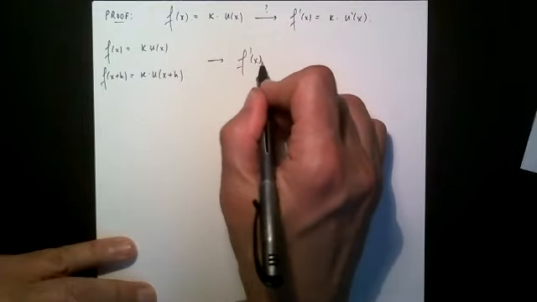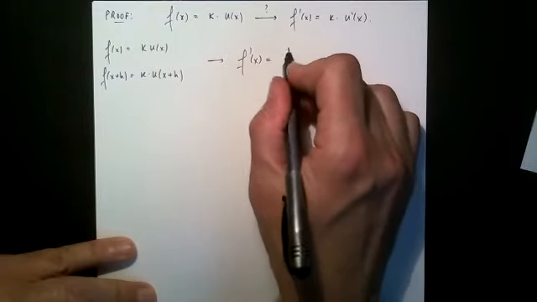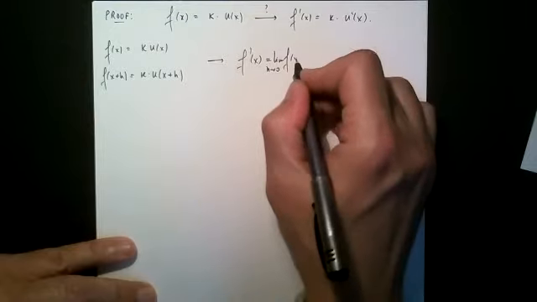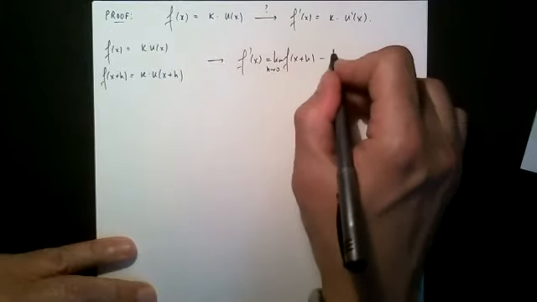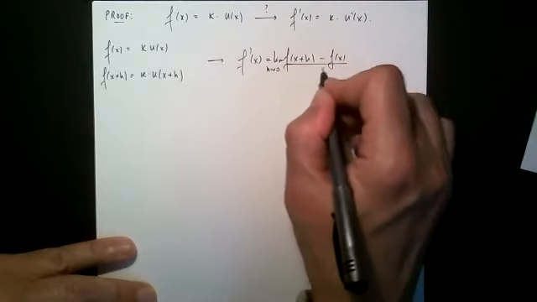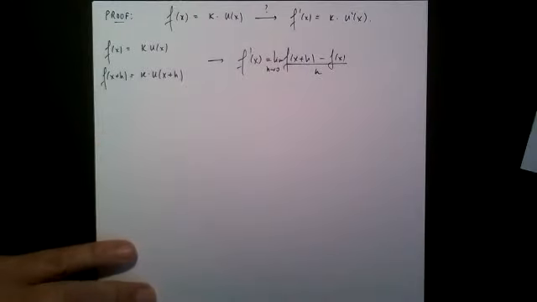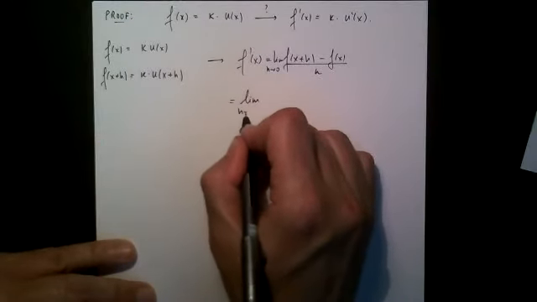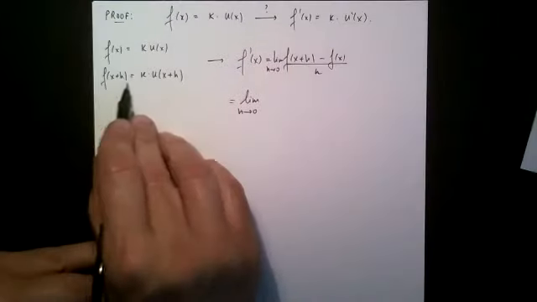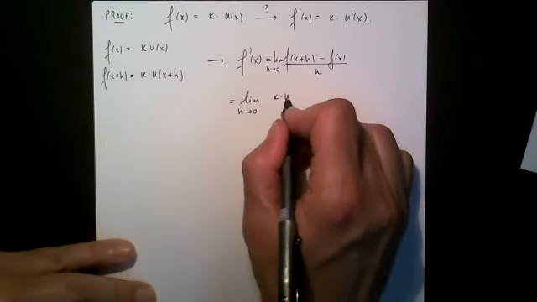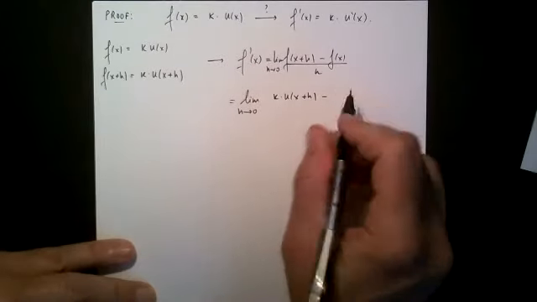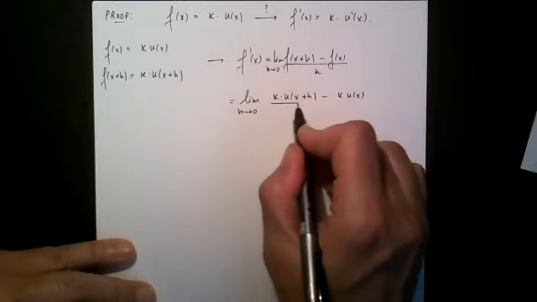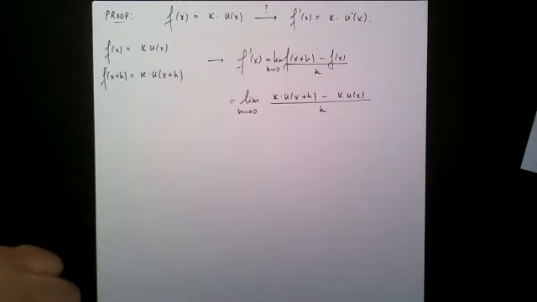So f prime of x is equal to limit h approaches 0, f of x plus h minus f of x over h, which is the limit h approaches 0 of k times u of x plus h minus k times u of x, all this over h.